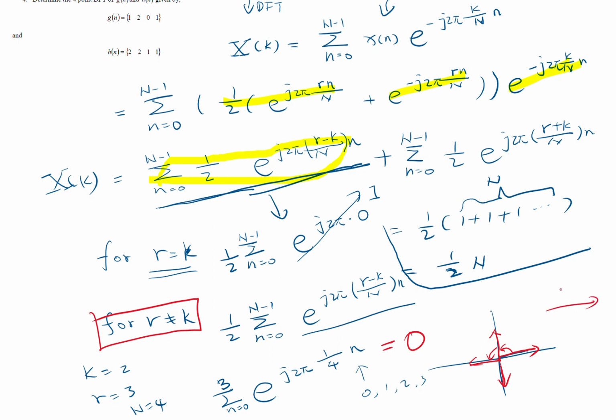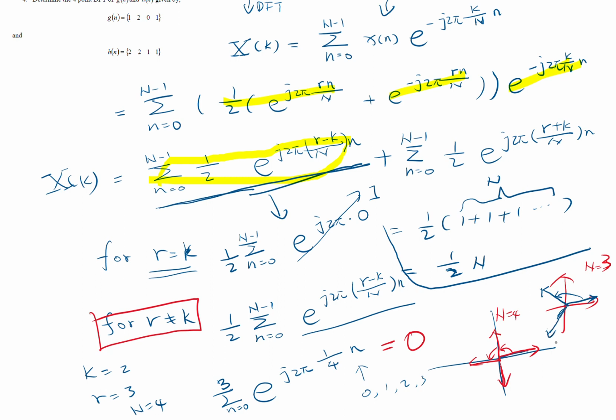We can have another example. For example, if your capital N equal to 3, then you have this one equal to 0 as always. Another one is positive 1/3 of 2 pi, and you have another 2/3 of 2 pi.